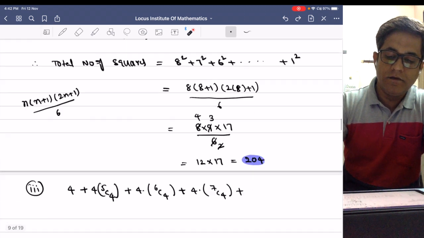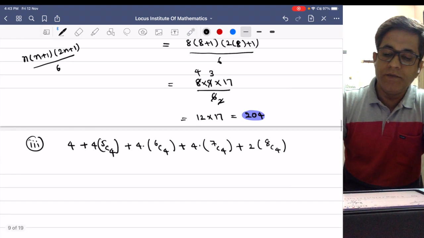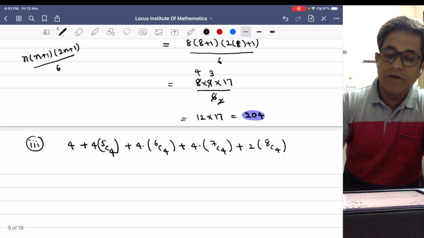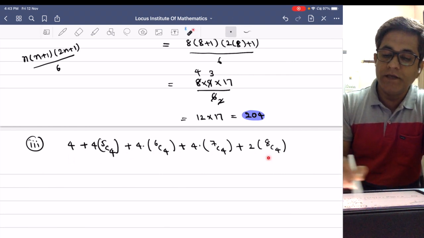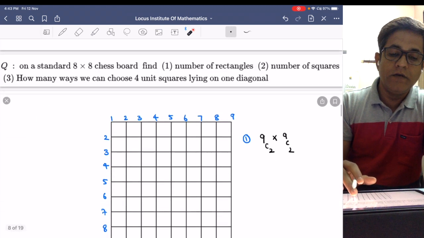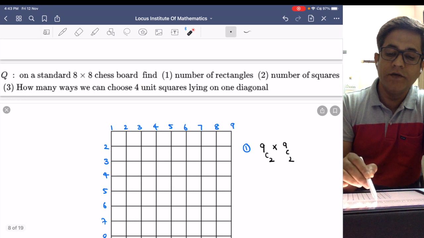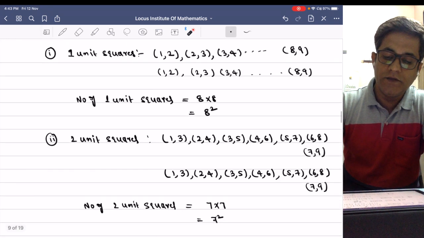That is, here 2 times 8C4, because from 8 unit squares, 4 unit squares can be selected in 8C4 ways. So these are the many ways 4 unit squares can be selected lying on one diagonal. So this is the solution.